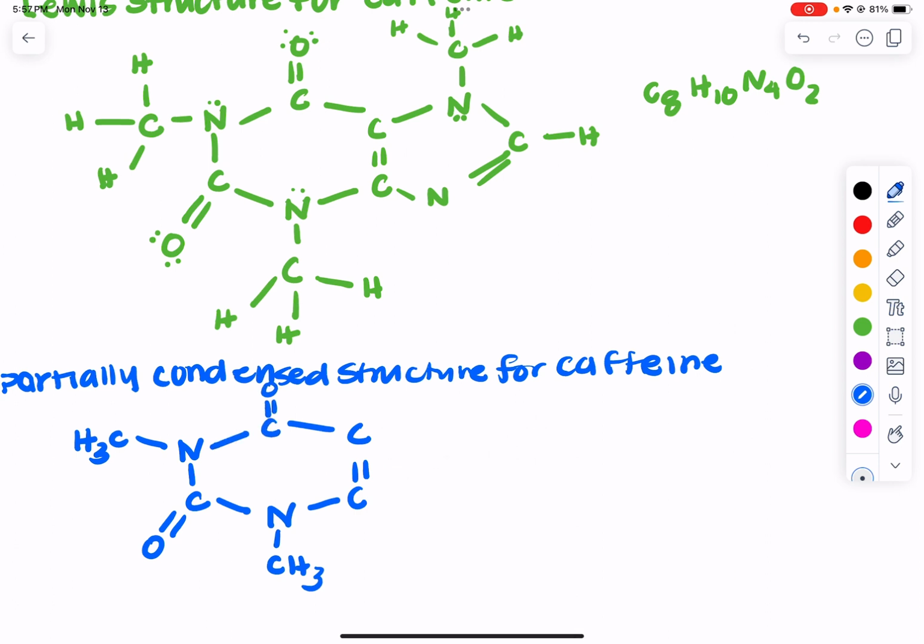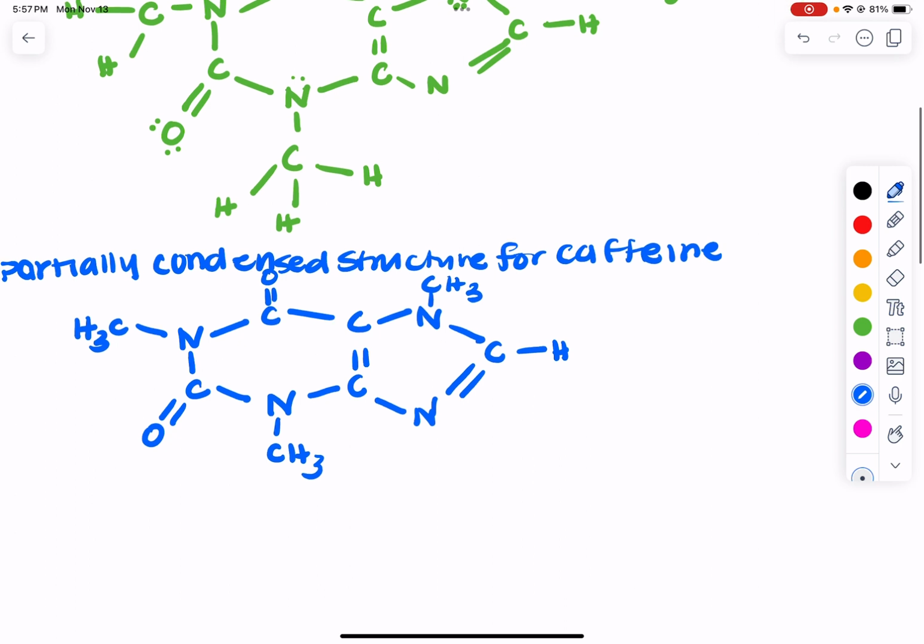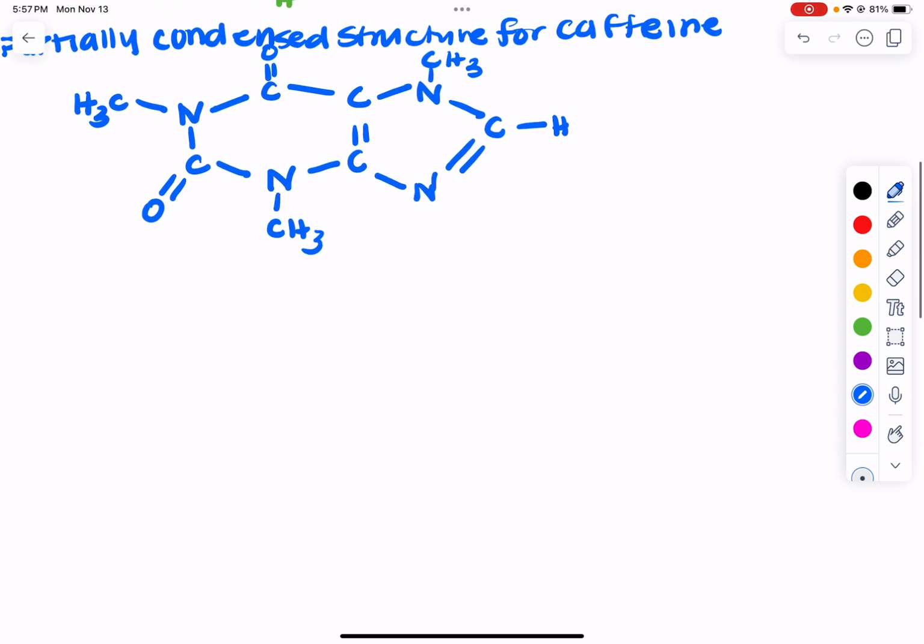We don't need any lone pairs because it's just a condensed version of what we already know how to do. Pretty quick to draw this. Still, how can we make this even faster to draw and almost instantly recognizable?